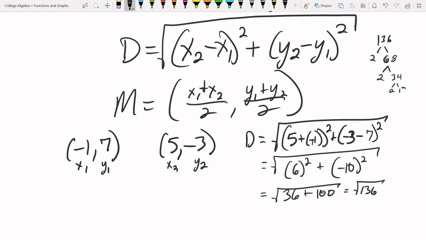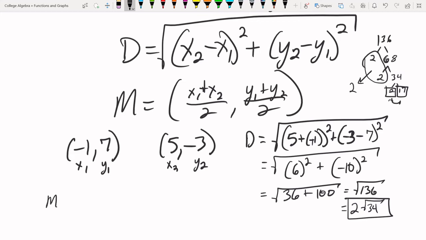This is 2 times 17. And that's where we stop. There is a pair of 2's here, and this 2 remains. So this thing simplifies. This 2 comes on the outside as a 2 on the outside. And then the 2 times 17 remains. So that's going to be 34 on the inside. This is the distance. That's the exact distance. You could find a decimal by just plugging it into your calculator.